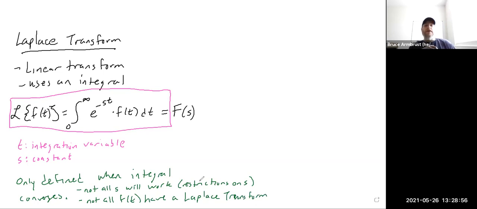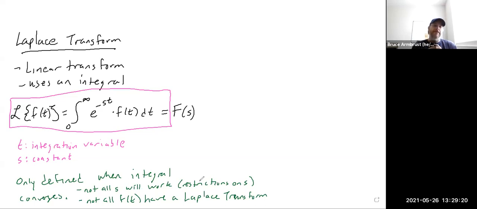So there are functions that you just can't do the Laplace transform on. That just is the nature of this thing. But you have seen that. Maybe not with functions, with transformations, but think back to linear algebra when you did transformations.